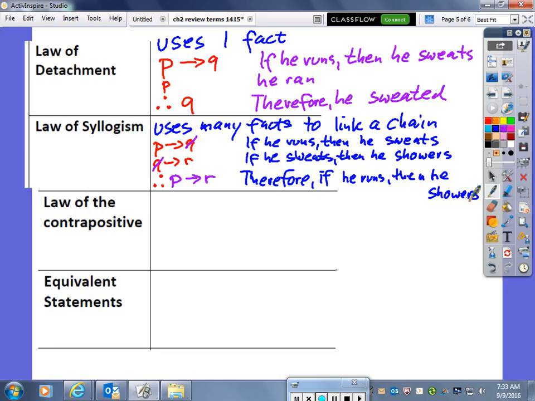Okay, let's talk about the law of the contrapositive, but that also is very closely linked to equivalent statements. Equivalent statements are statements that have the same truth value.